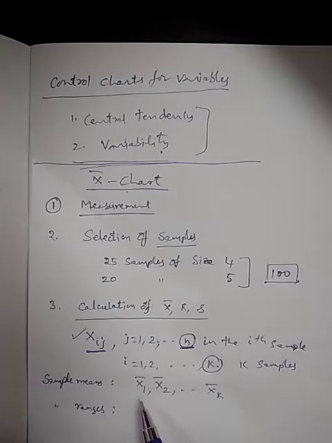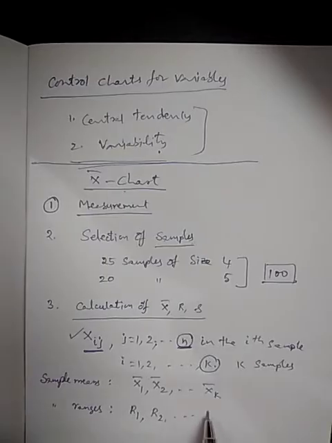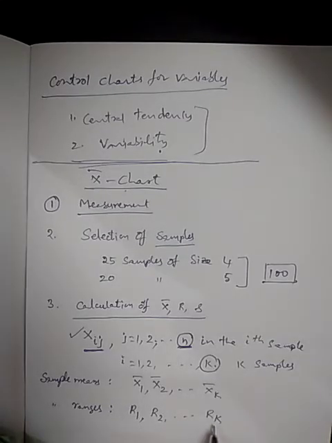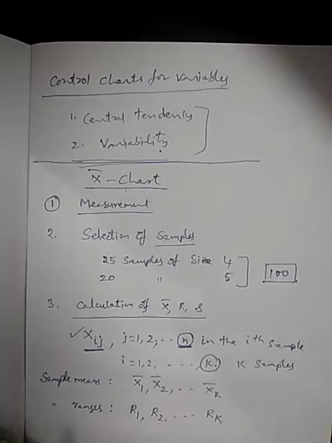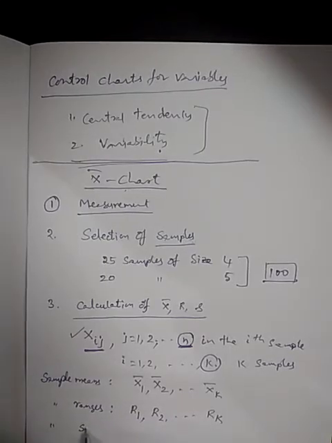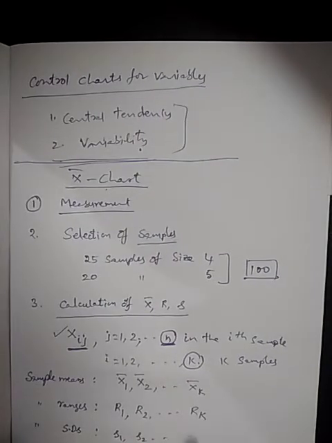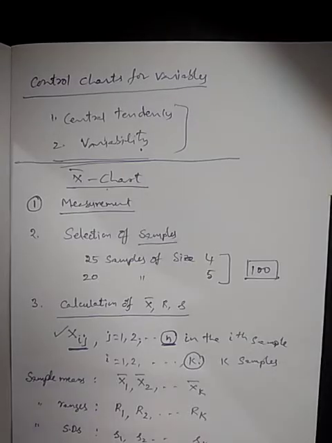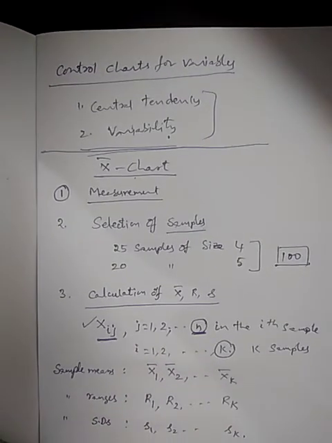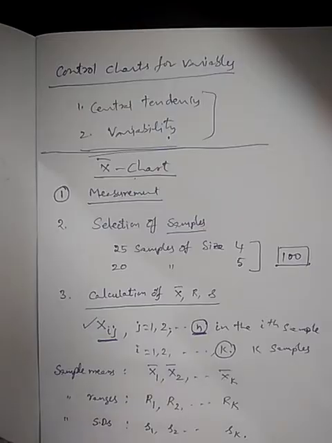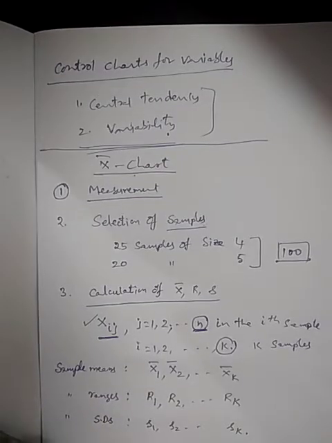Sample ranges, let them be R1, R2 and so on Rk, for the first, second and kth sample. Similarly, sample standard deviations, let us specify as S1, S2 and so on Sk, which are the sample standard deviations for the sample observations.